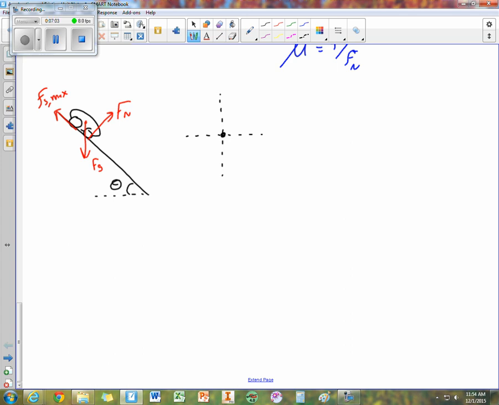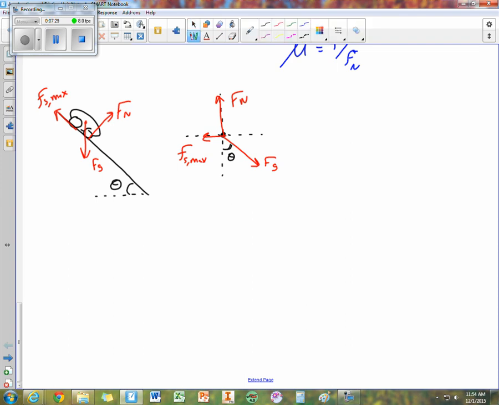So here's my normal force, here's my maximum static friction, and here is the force due to gravity, and the angle of the hill, or the incline, will be the same as that angle right there.